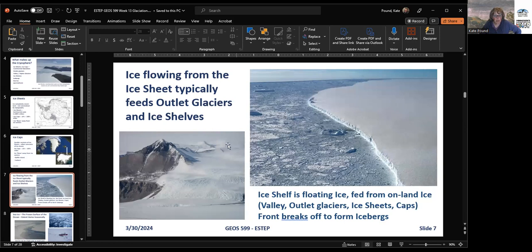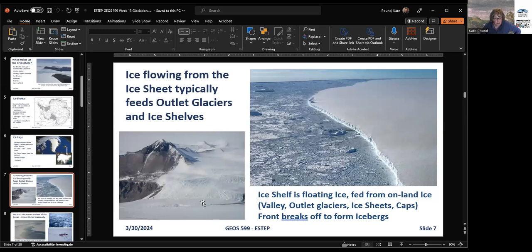So here we are once again in Antarctica, and we're looking up essentially in the distance towards the East Antarctic ice sheet. And what we're seeing here is an outlet glacier that is flowing through a valley, and it reaches the Ross Sea.